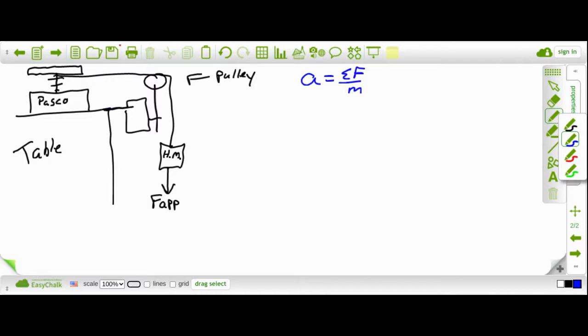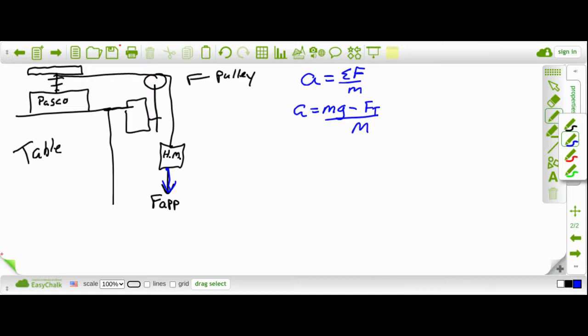In this case, there's the hanging mass pulling in one direction, and there is the Pasco system creating a tension in the backwards direction on this system. So we would say acceleration is equal to mg, that's our hanging mass's weight, minus the backwards tension caused by the system, divided by the mass of the combined system.